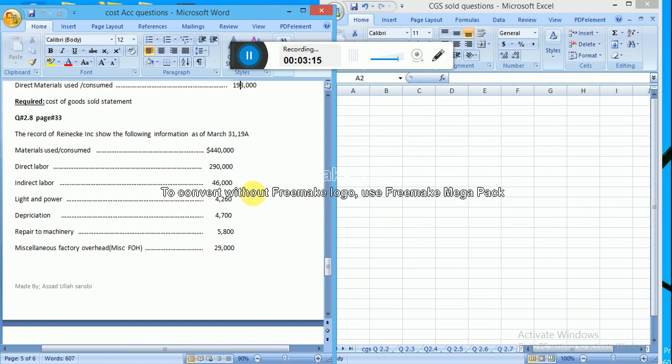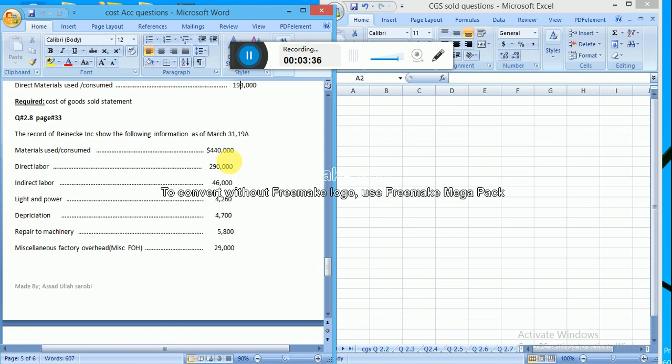Now, March 31st, 19A means the beginning inventory, and 19B is our current year.